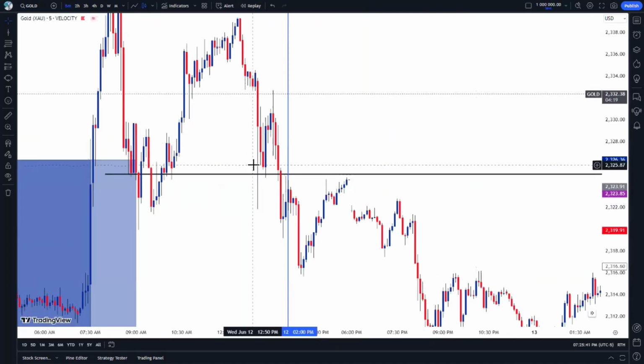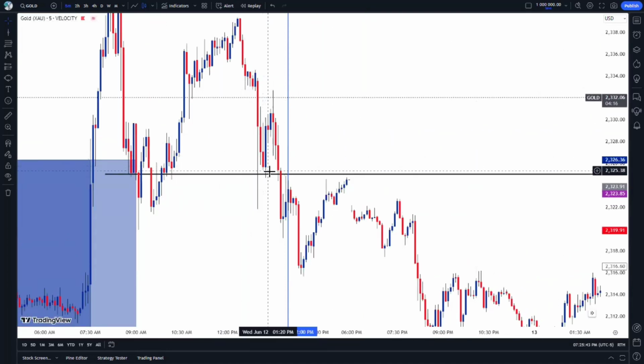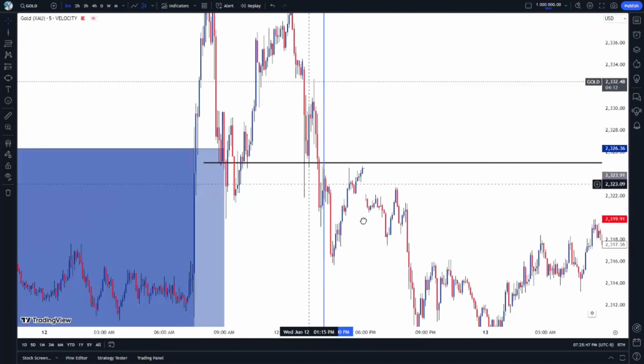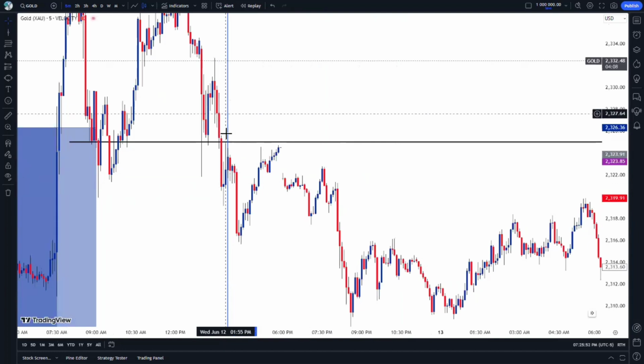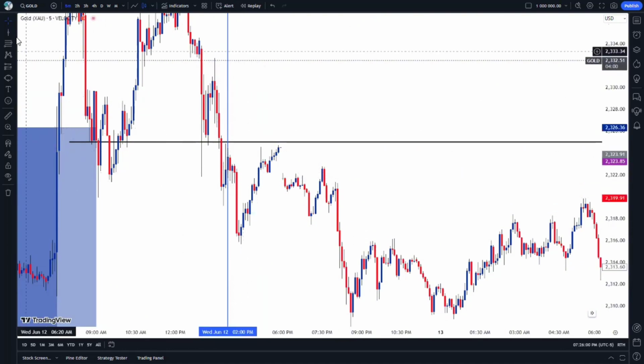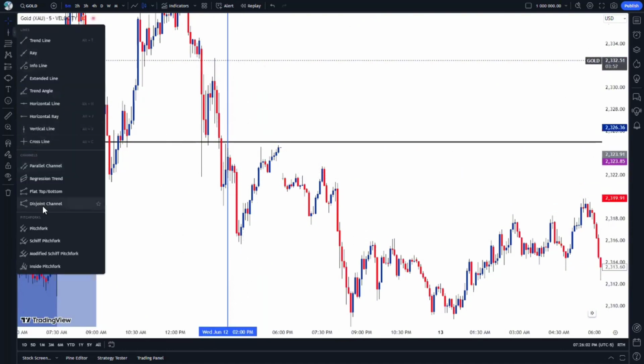So if we notice, this one broke structure. And then this one is the closing price, the opening price. After this one, you see, we have this one that broke structure. So we have 2 of them. We have one up here and we have one down here. We're going to use the one down here. So you see how accurate it is.